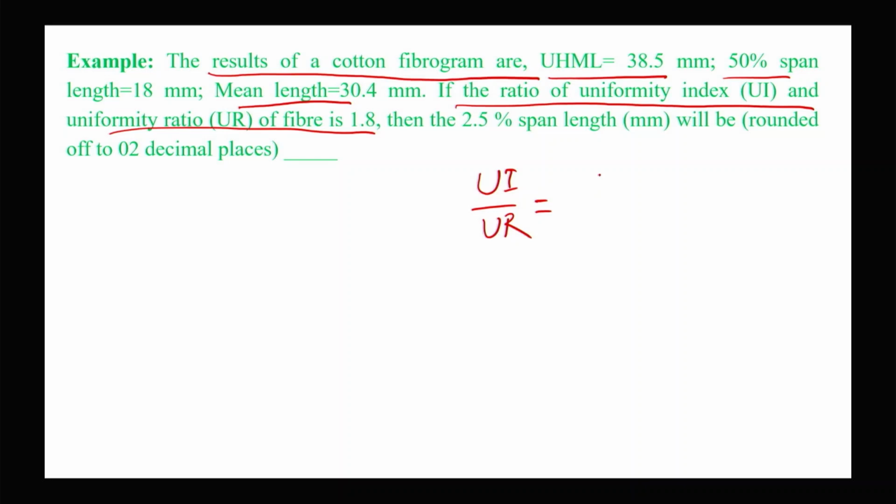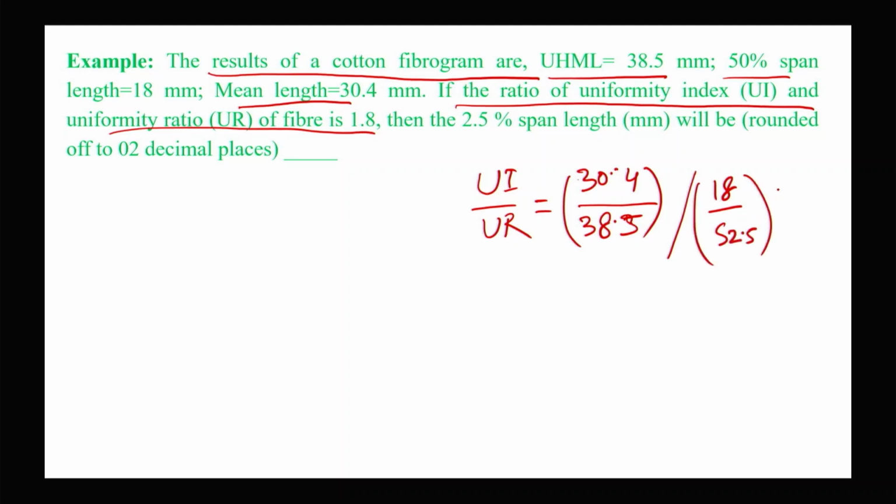Uniformity index means mean length, 30.4, divided by upper half mean length, 38.5, equal to 50% span length, which is 18, divided by S 2.5, equal to 1.8.